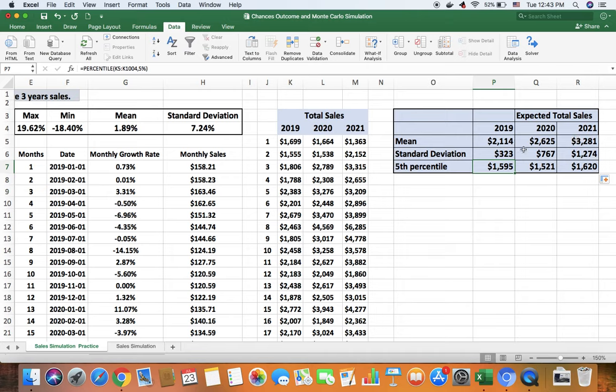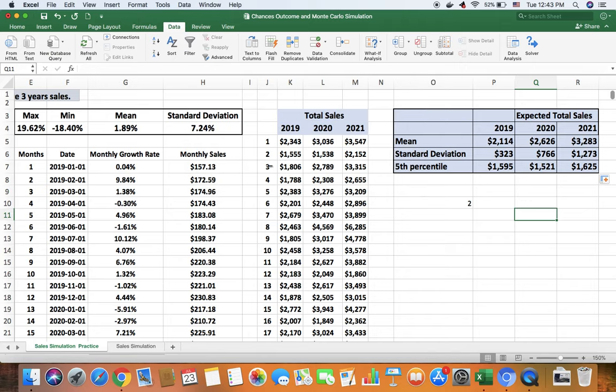Look at the mean, the mean growth in the future 3 years. You can tell if you press F9, the mean is pretty consistent.